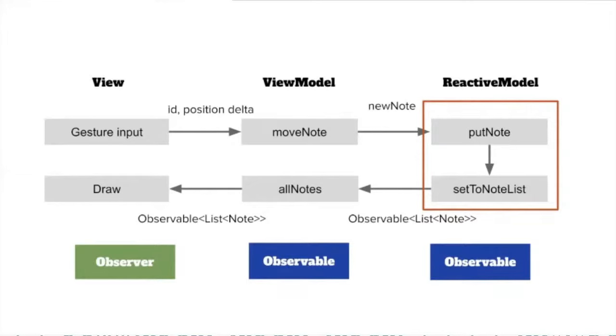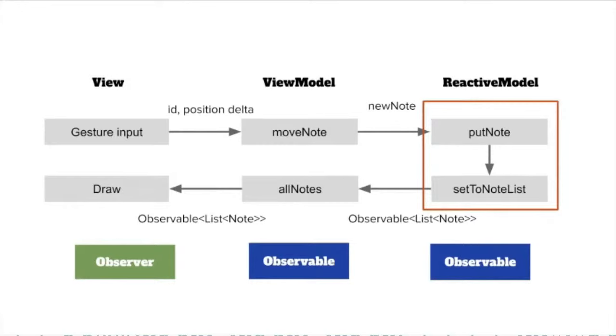And for the implementation of this part, in the original implementation, the view model is responsible for business logic and data. And now the data is dedicated to the reactive model. So the new implementation is super easy. We just move the hash map and the subject to the reactive model.